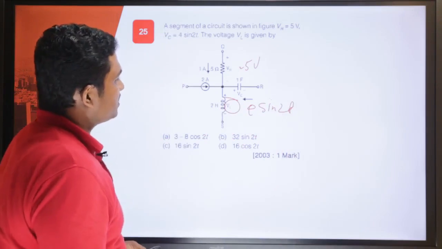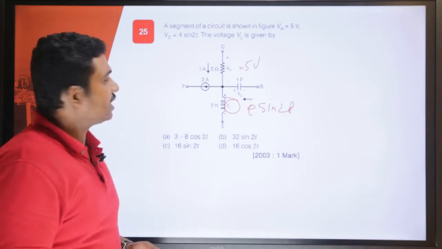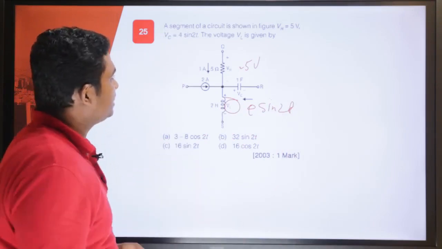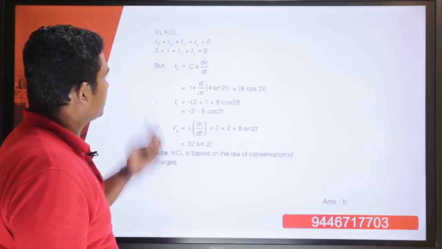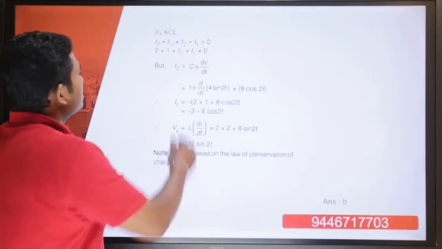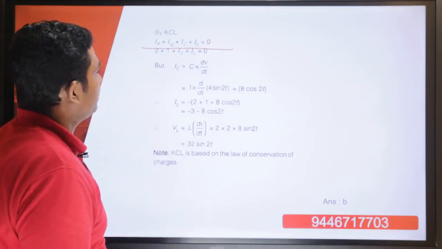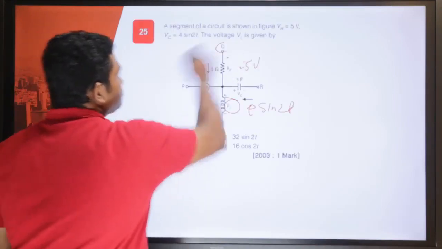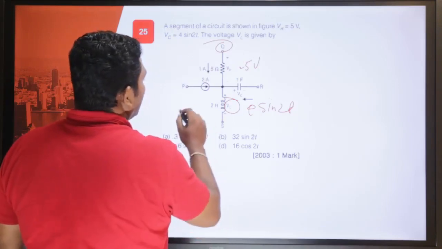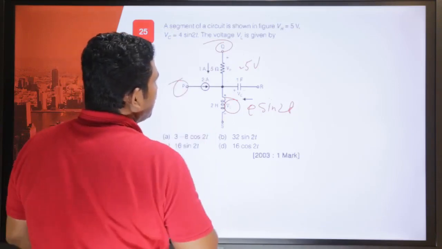This is a typical case of Kirchhoff's current law, because everything is meeting at the junction. So we are going to make the Kirchhoff's current law equation. By Kirchhoff's current law, IP plus IQ plus IC plus IL is equal to 0.